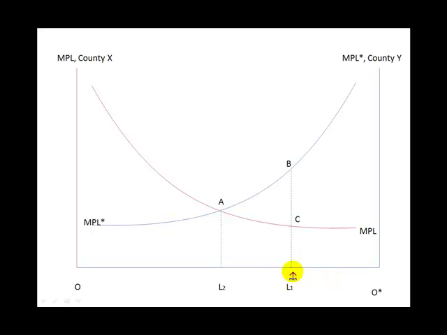What else can we say about this? Well, we can say that the whole economy in country X shrank. Before, it was here, so from here, C, L0. Well, now it's shrunk by A, C, L1, L2, because they've moved that way. What about the economy of country Y? Well, that's increased.